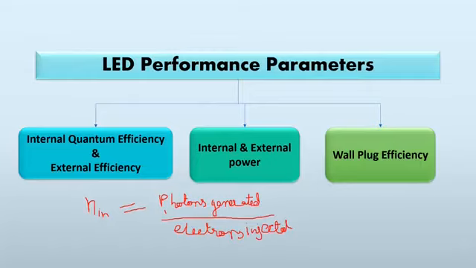Now, when the carriers are falling down, sometimes the recombination could be radiative and sometimes it could be non-radiative, that is, the energy could be released in the form of heat. What we want is all the energy should be in photons. Ideally it should be one, but there are chances that sometimes the recombination will be non-radiative, releasing the energy in the form of heat.